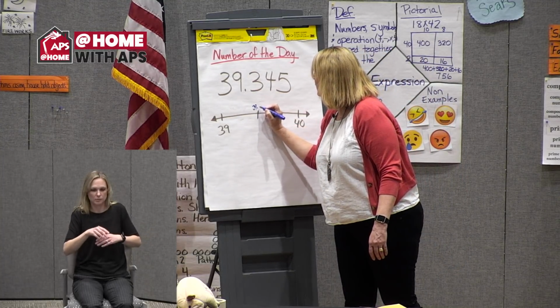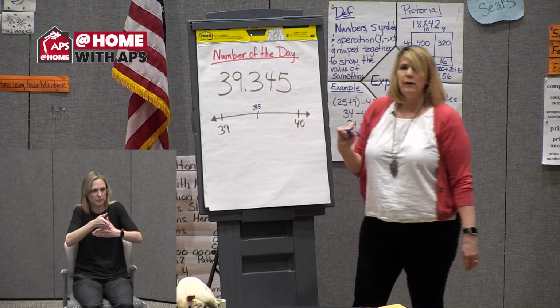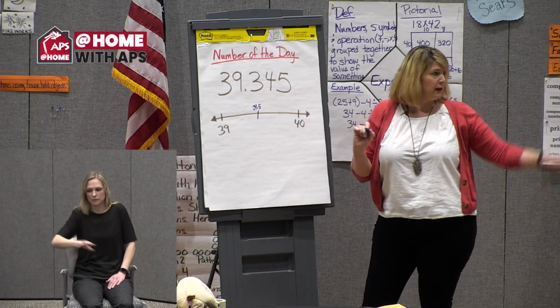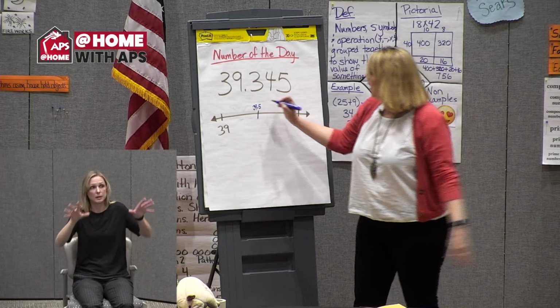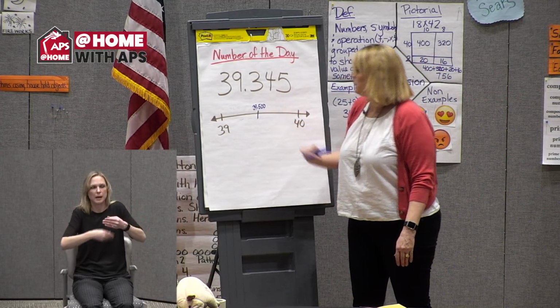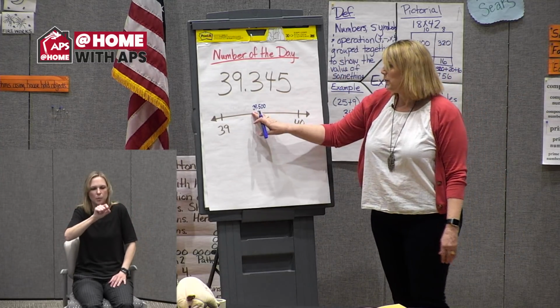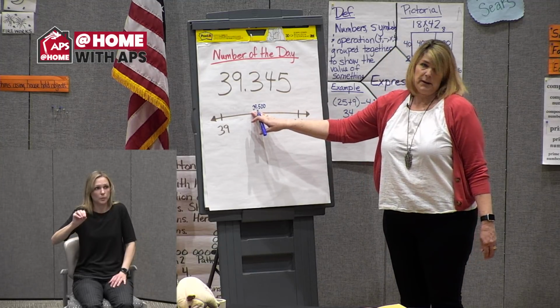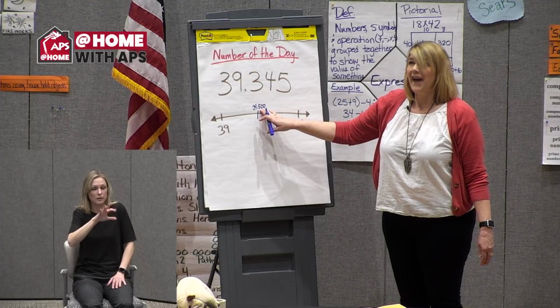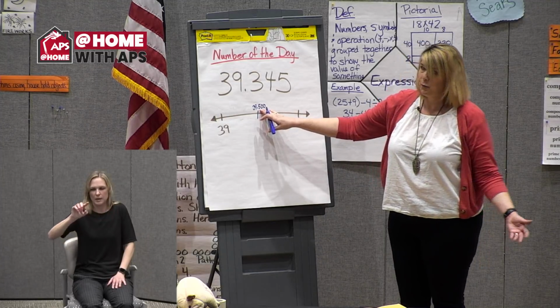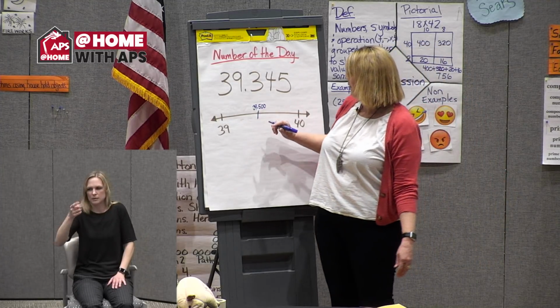So that is 39. And if I am writing this number, because I want to make sure I'm very clear about having those thousandths in there, I probably want to add those extra zeros in there, just so I know that number is also named as 39 and 500 thousandths, right? Because it is almost half of 1,000. 500 is half of 1,000.